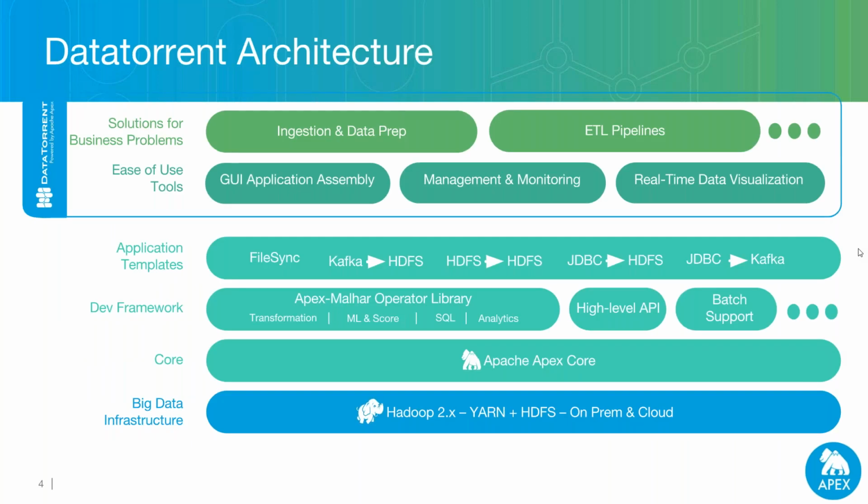Now let's move on to the architecture. At the bottom layer we have Hadoop 2.x. The minimum version needed is 2.6. On top of it, we have Apex Core, which is our engine, which has the responsibility of fault tolerance and of distributed, scalable applications.